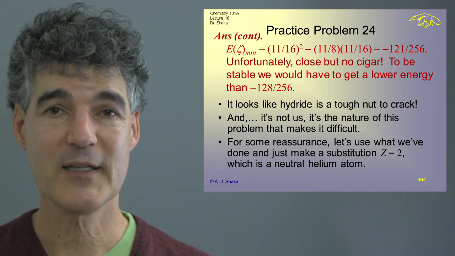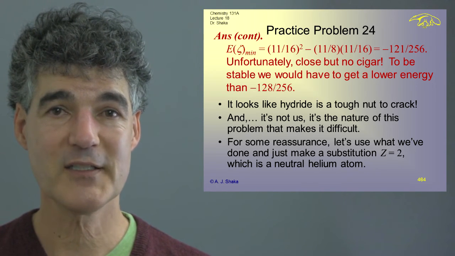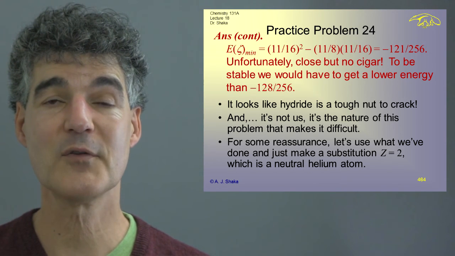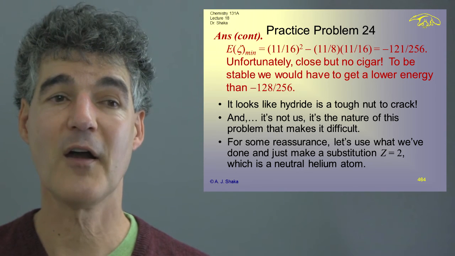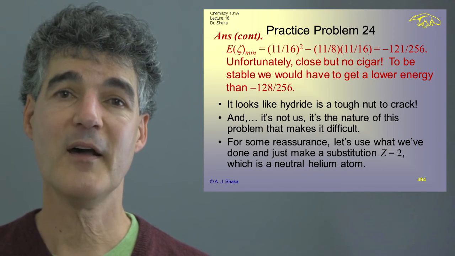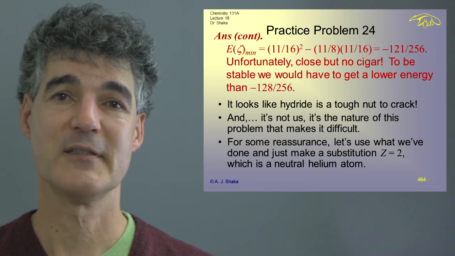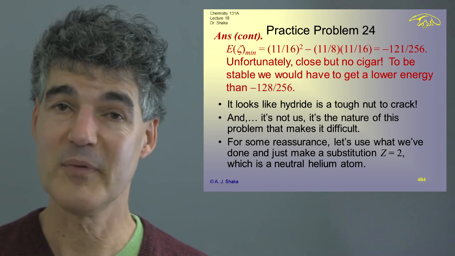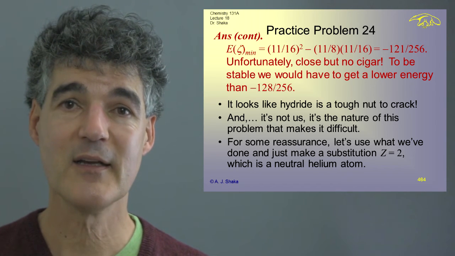We've taken a perfectly sensible approach. It's just that this is a tricky system. And it's interesting that it's so simple and yet so hard at the same time to get the right answer.